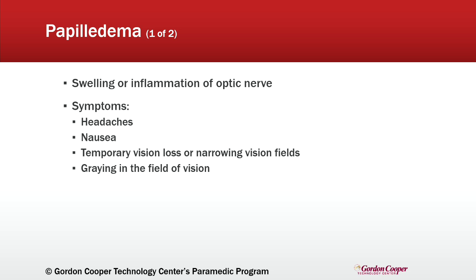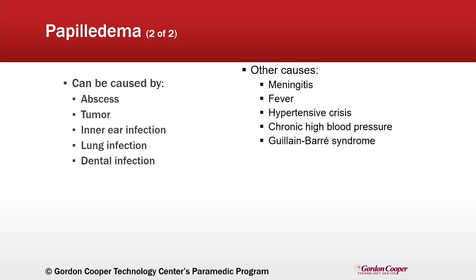Papilledema is the swelling and inflammation of the optic nerve. It typically presents with headaches, nausea, which may or may not be accompanied by vomiting, temporary vision loss or a narrowing of the visual field, and a graying or dimming effect in the visual field is not uncommon either.